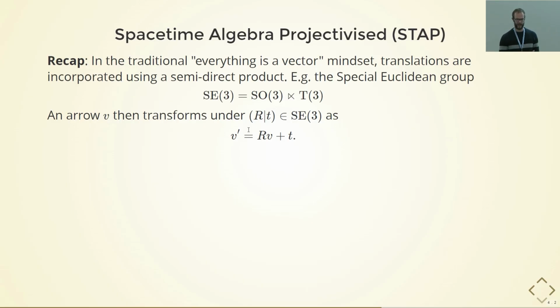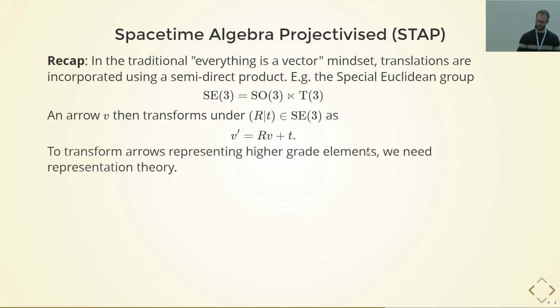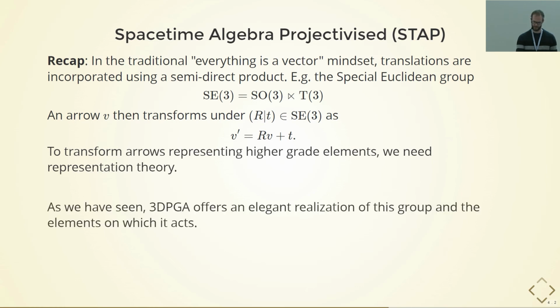And then any arrow in this space transforms as RV plus T. Now, in order to transform the higher grade elements, we again need representation theory, as I talked about. Now, as we have seen, in 3D PGA, we got actually a much more elegant representation of these ideas that doesn't need representation theory anymore. One transformation can act on all the different elements.